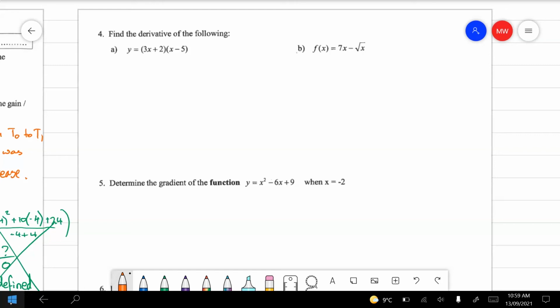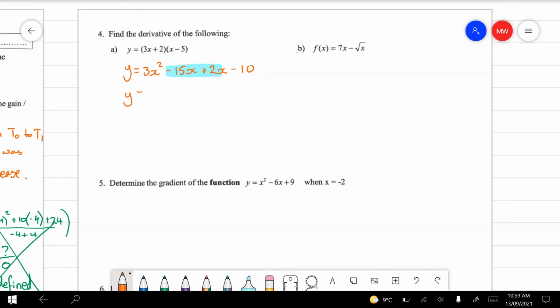So let's do that. We can also write this as y equals 3x squared minus 15x plus 2x minus 10. We'll collect any like terms. These guys are like, so let's collect them up.